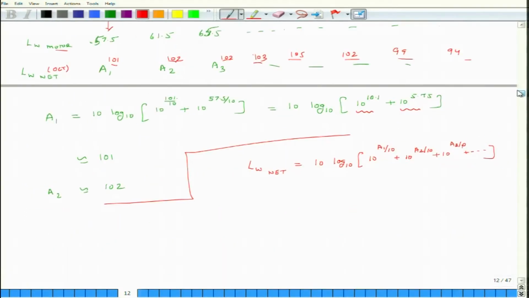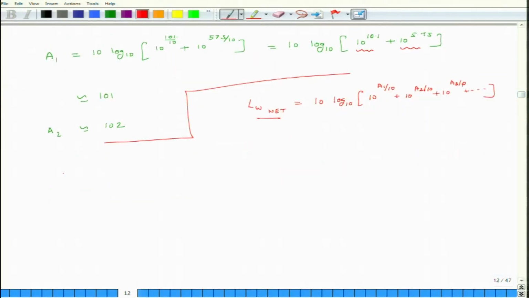If the motor was providing sufficient power contribution, then this number LW net would have changed. So, based on all this understanding, I can say that LW net is equal to 111 decibels.